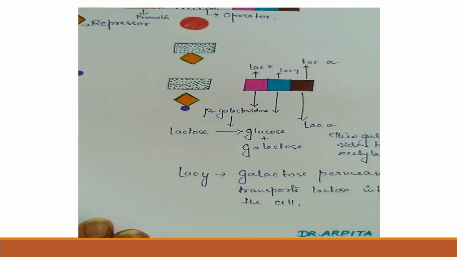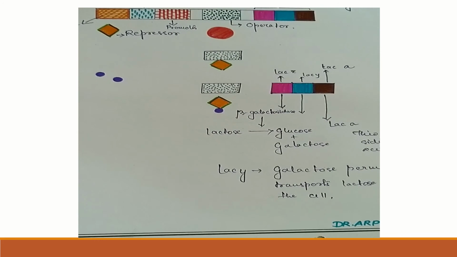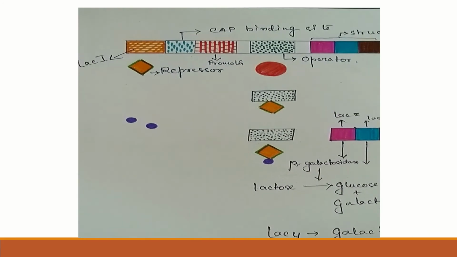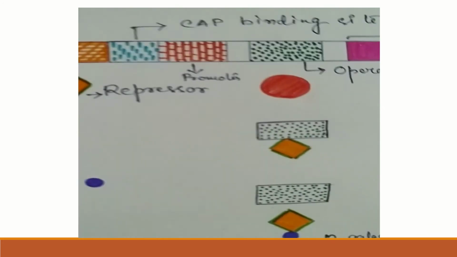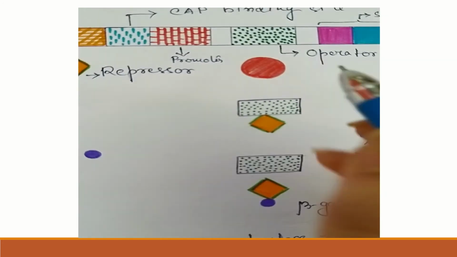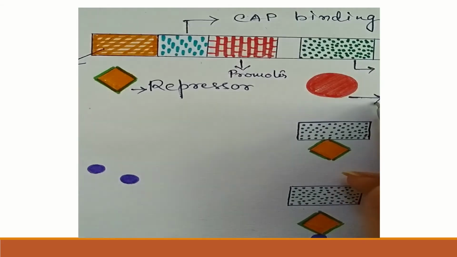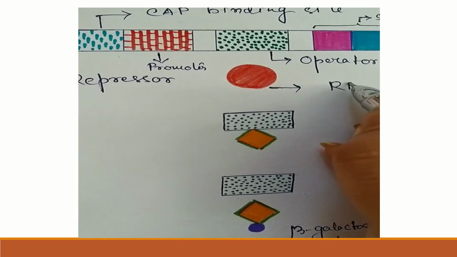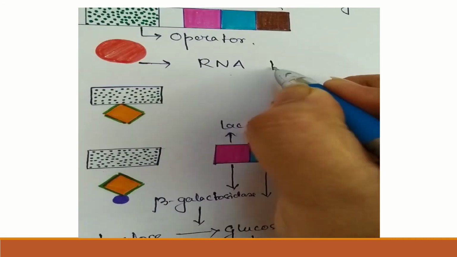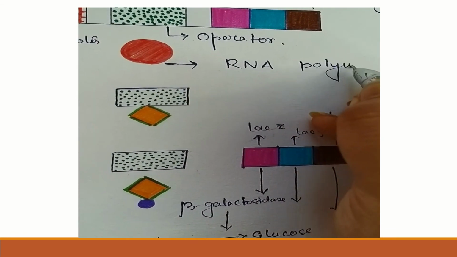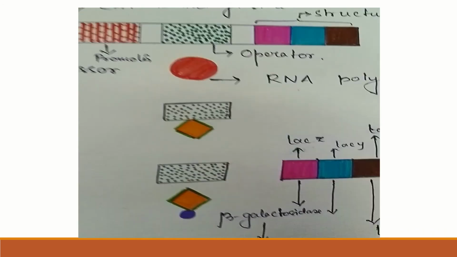Now, this is the picture of the structural composition. Now, let's see what this red ball is doing. This is RNA polymerase.